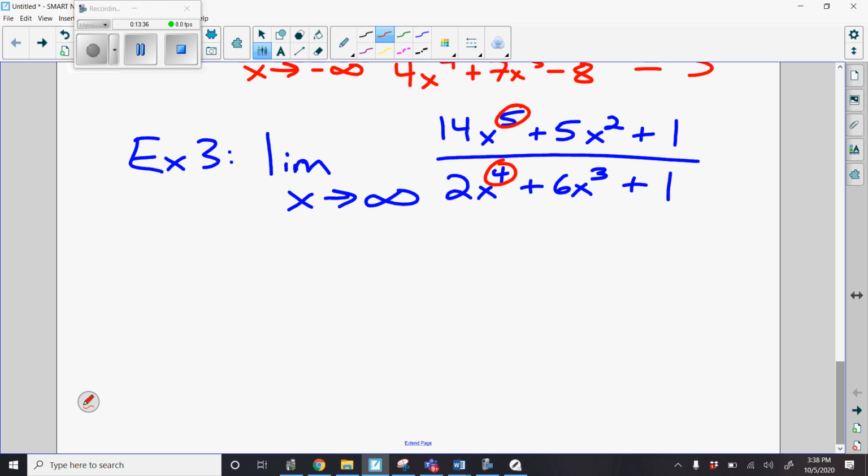Even though the denominator is getting big here, the numerator is getting much, much bigger. We just have to check the signs here, right? And an infinitely positive number to the 5th power is going to be positive. Infinity to the 4 is also going to be positive, right? So since it's positive over positive, we're going to get positive infinity.